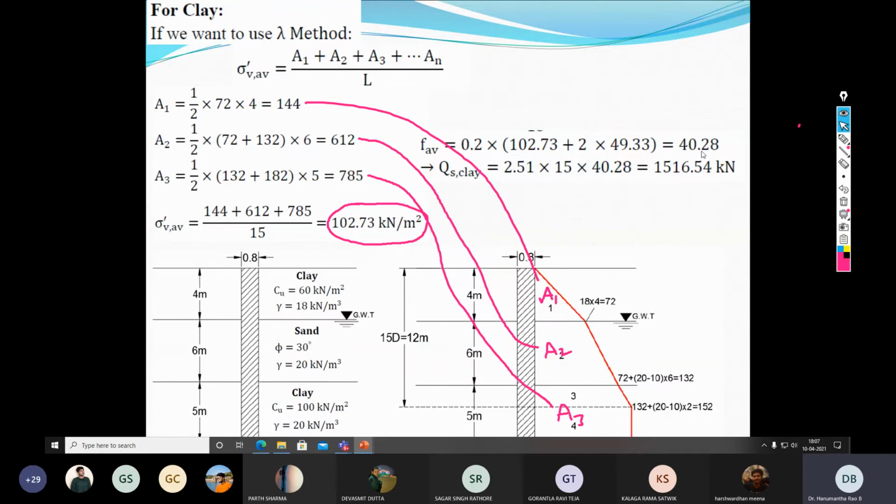So F average is 40.28. The average unit skin friction is 40.28. And the equation for QS in clay is perimeter P multiplied by L multiplied by F average. So 2.51 into 15 into 40.28. So what you will get is QS in clay, 1516.54 kilonewton. So this is the lambda method.